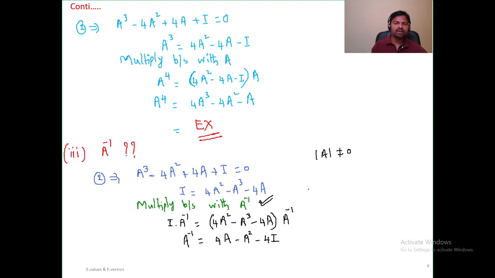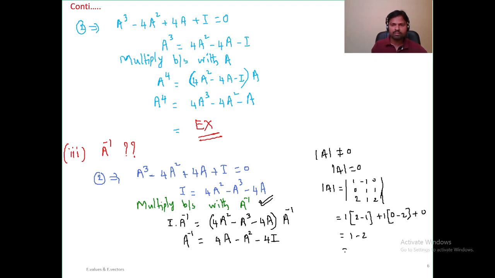If det A is equal to 0, so determinant of A is equal to 0, then directly you can write that A inverse does not exist. If the inverse exists, we can calculate by this technique. If the inverse does not exist, we cannot find it. This method cannot work out. We have to make sure. So what is the determinant of the given matrix? So det A is equal to minus 1.